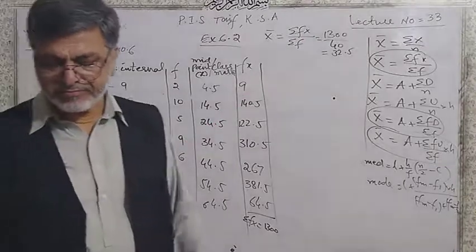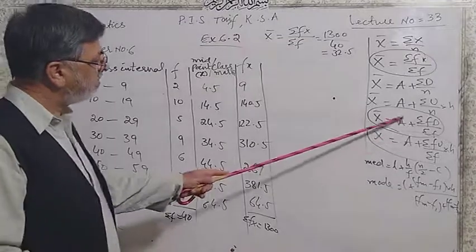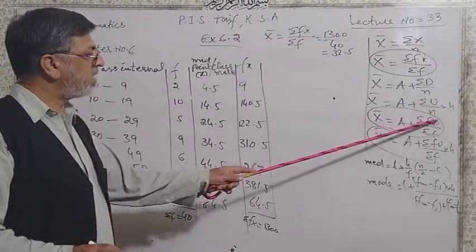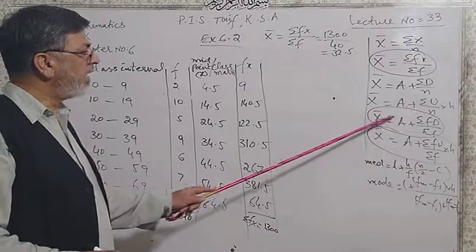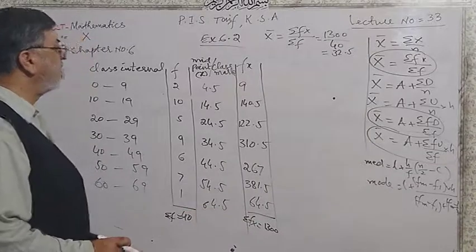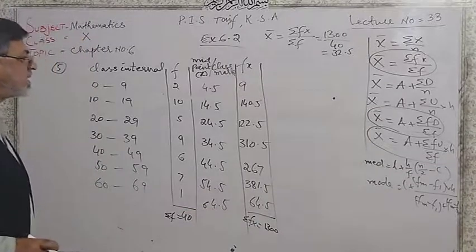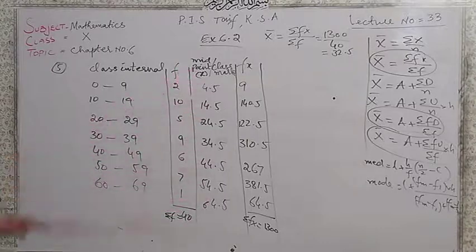After that, we will have next A plus sigma fd over sigma f. You need A, you need D. What is meant by A? A is the chosen value from all values of x.